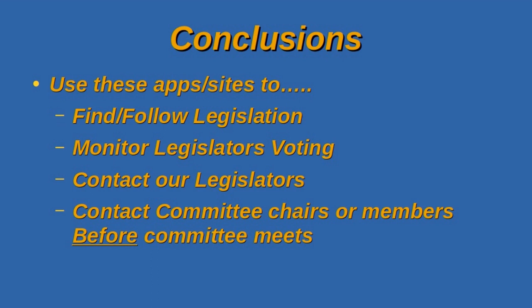We know how to contact our legislators via email or telephone because the apps show us how to do that. And we can contact committee chairs or members before the committee meets. And additionally, the apps will warn us when something is happening to a bill or a legislator that we're following. That's what we learned today, and thank you very much.